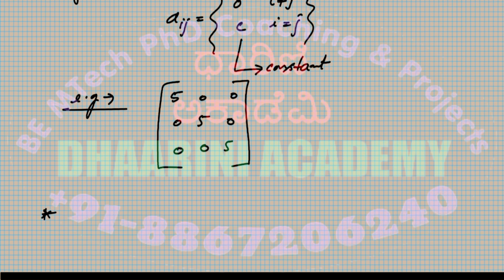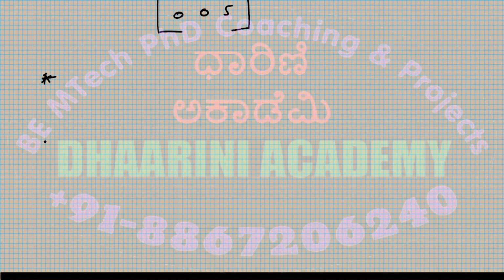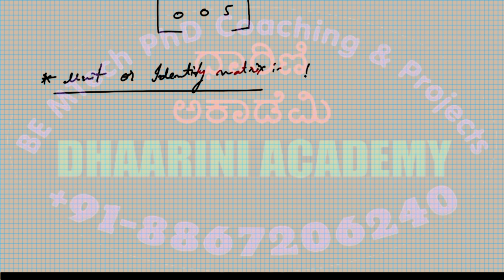Let's move further. The next type of matrix is called a unit matrix, also called an identity matrix, denoted by capital I. Now let's try to define this.